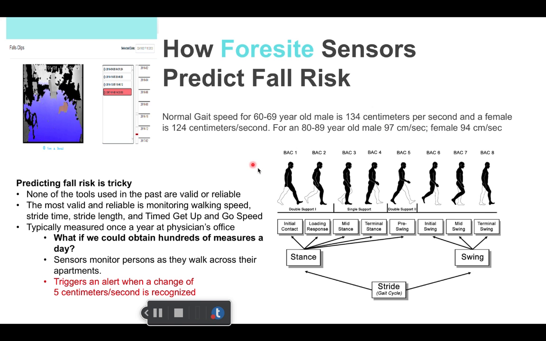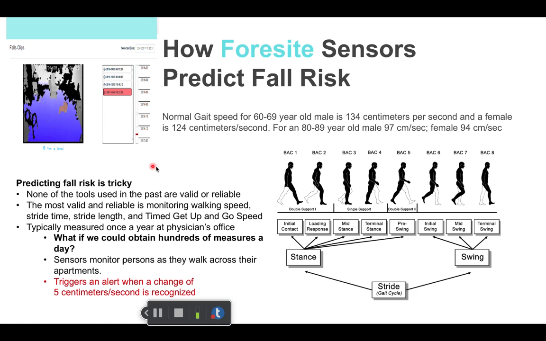And then that goes down as we get older. There's a lot to do with gait that you have to look at, really, that stance and stride and how your legs swing. And there are so many numbers that it's really effective to use the computer to calculate this instead of doing it visually.